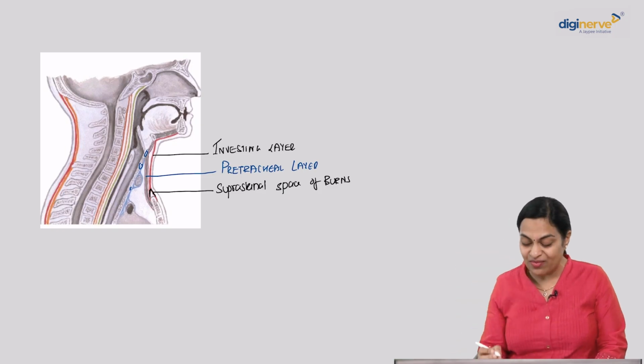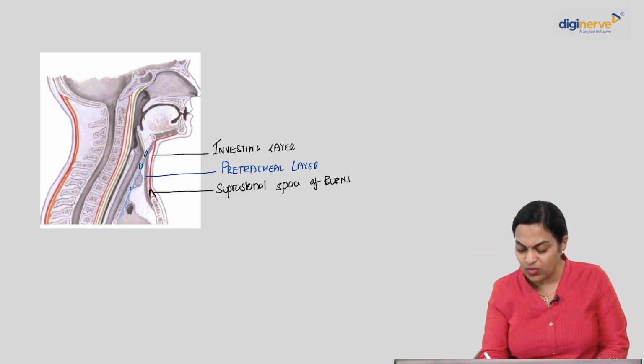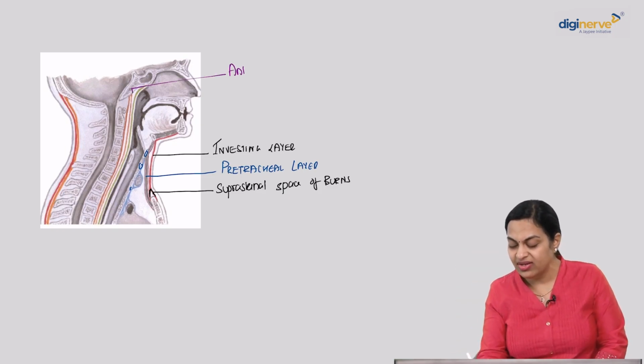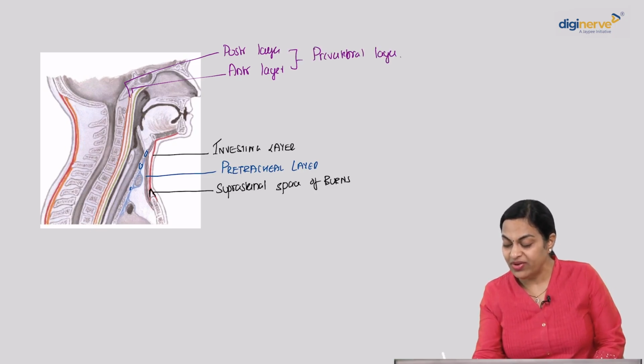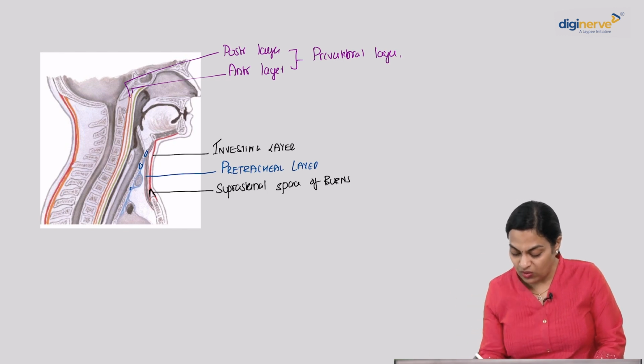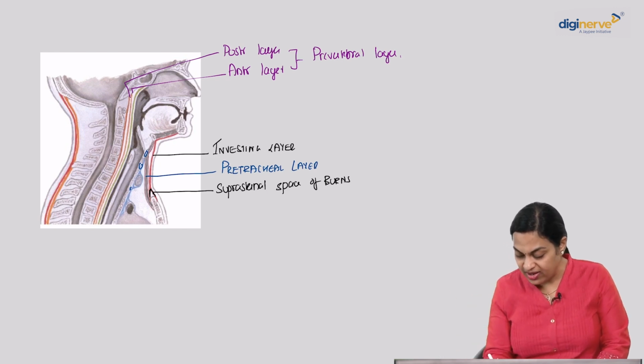Coming to the prevertebral layer, this one is the anterior layer of the prevertebral fascia, and behind that, the posterior layer of the prevertebral fascia. Okay. Now, you see something else, a green color one. Can you tell me what is that? So, we saw this is the trachea, right?